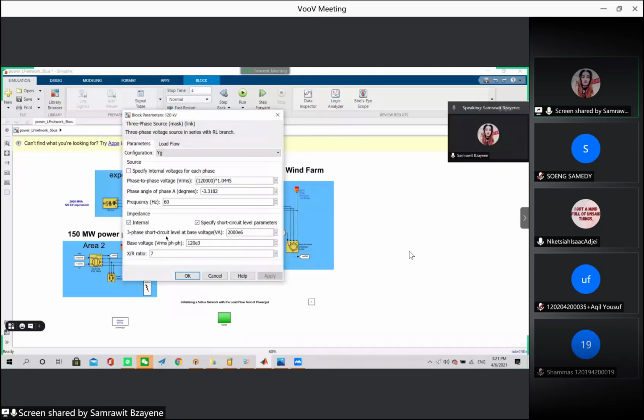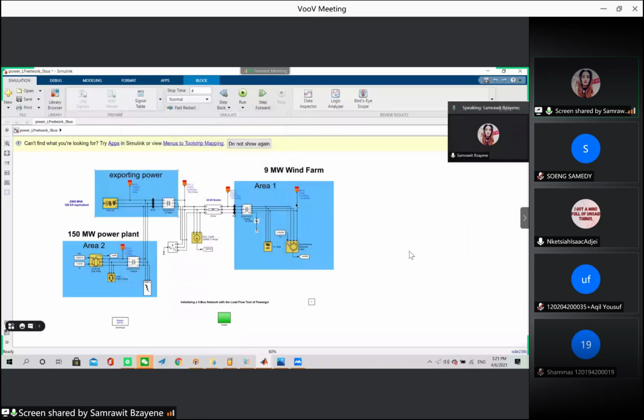This is the 3-phase power circuit level, that is 200 MVA, using the 3-phase source. So this power is exporting from the wind farm, and this one is a 150 megawatt power plant. This one is area 2. This area 2 power plant is a synchronous generator, but this wind farm is an asynchronous generator.